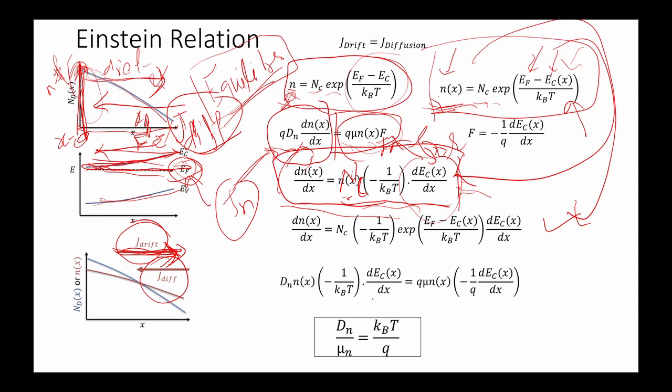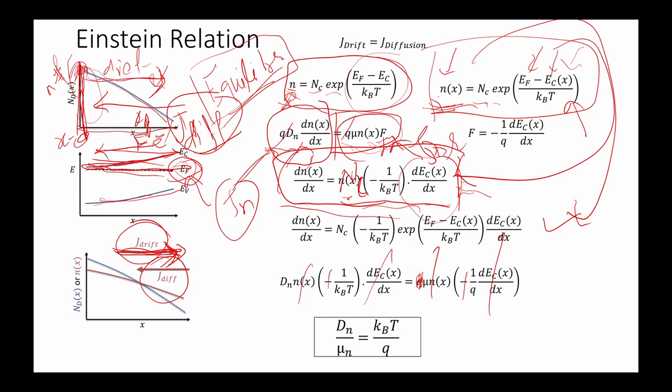So the Ec will cancel out, this minus will cancel out, and this n(x) will go. Okay, I made a small mistake actually. This q will cancel out here only, this q won't come.